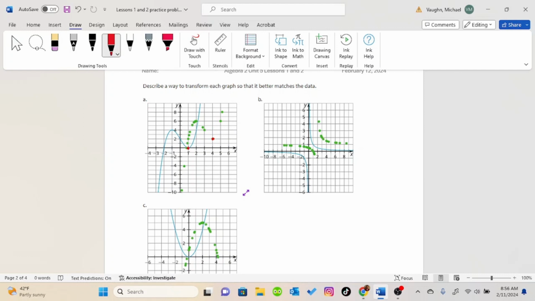To do this, we're going to shift right from 1 to 4, which would be 3 units. Then we're going to shift up from 0 to 2, which would be 2 units. So we're going to shift right 3 units, up 2 units.